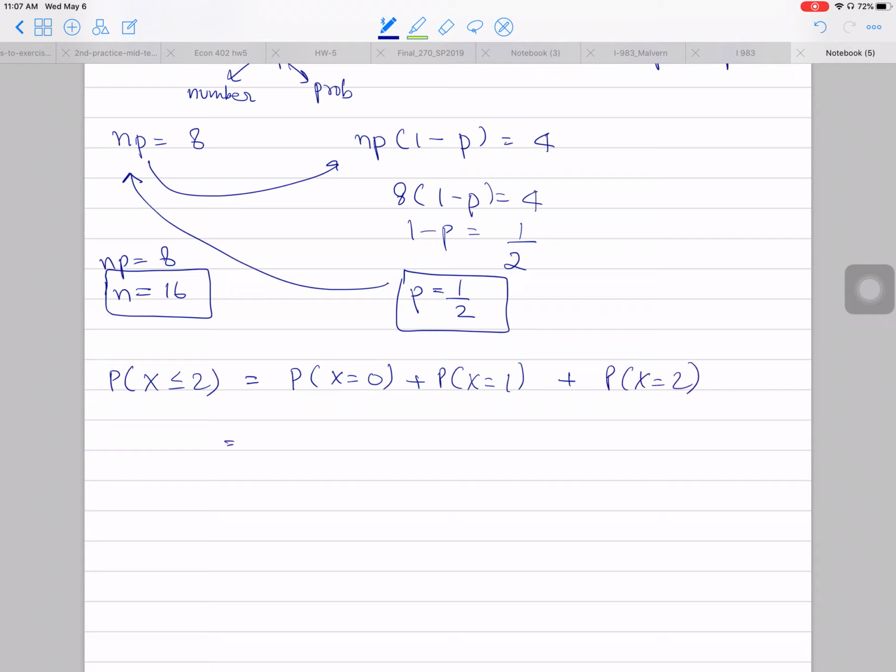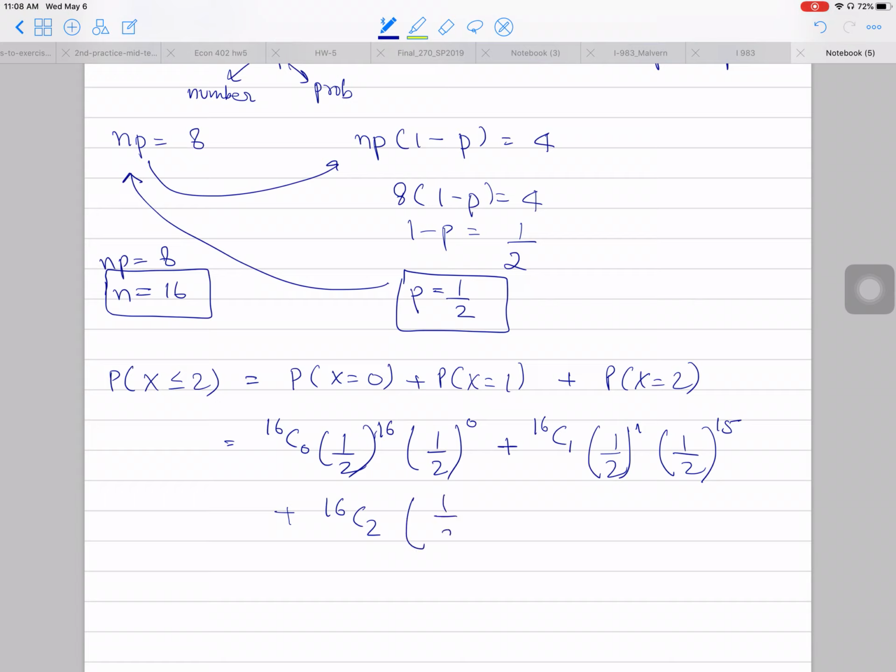So for 16 cases, the probability that x equals 0 is 16C0 times p to the power 0 times (1 minus p) to the power 16, which is half to the power 0 times half to the power 16, plus 16C1 times (1 half) to the power 1 times (1 half) to the power 15, plus 16C2 times (1 half) to the power 14 times (1 half) to the power 2.